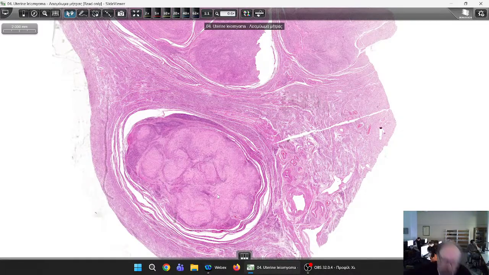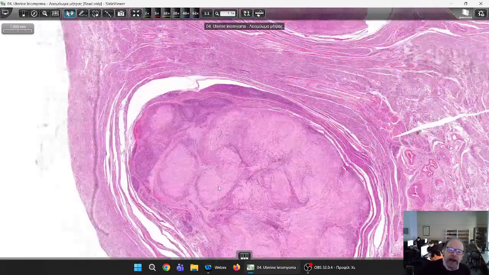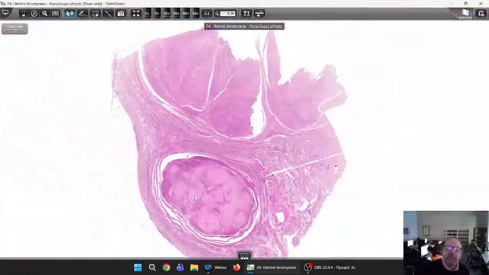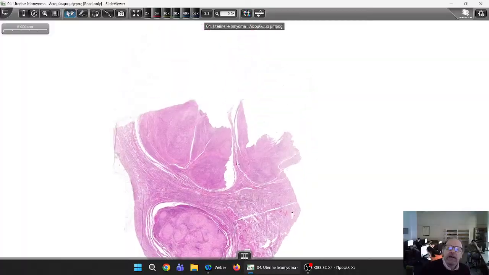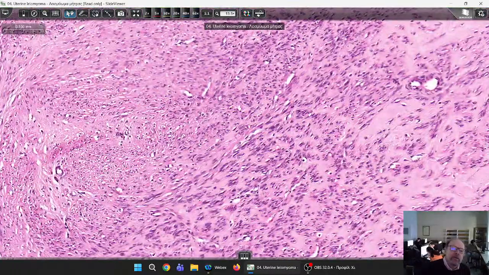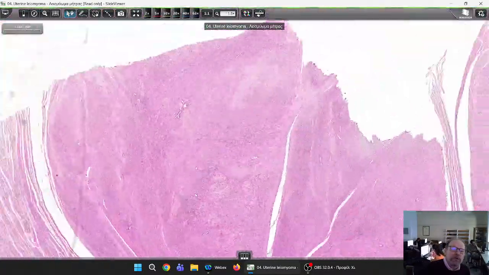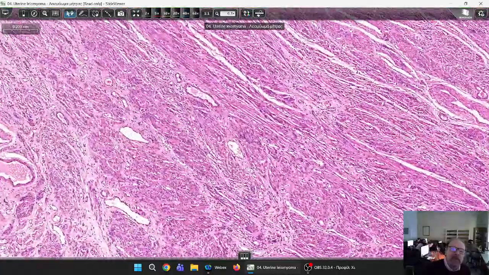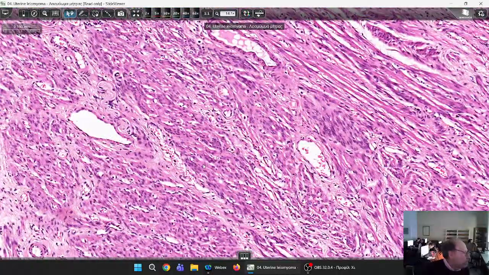So these are totally benign. They may have a component of fibrous tissue. However, their derivation is of smooth muscle cells, not fibrous cells. So these are the uterine leiomyomas. It's very easy. You see the interlacing bundles of smooth muscle cells, very similar, identical, I would say, to the adjacent myometrium.